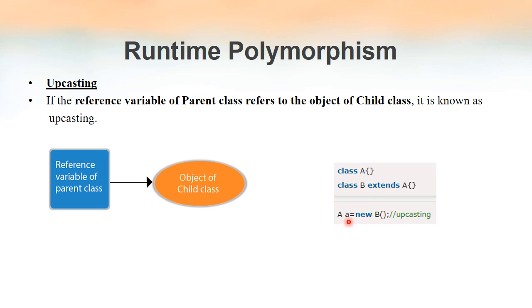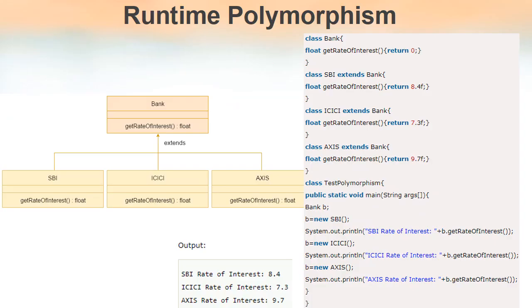That's the question, because the variable A is of type A and the object is of type B. So which of the two methods inside class B will get executed when we call the overridden method using the reference variable of the parent class? That is the question.